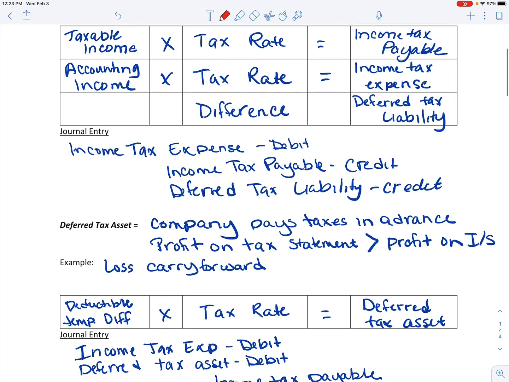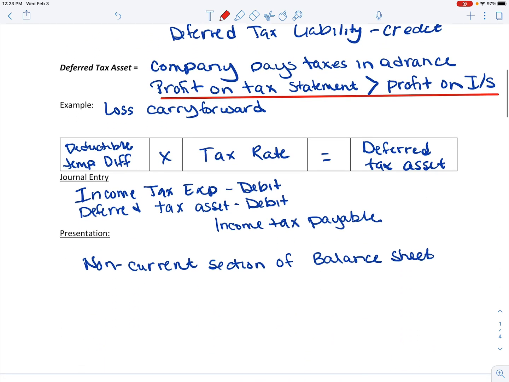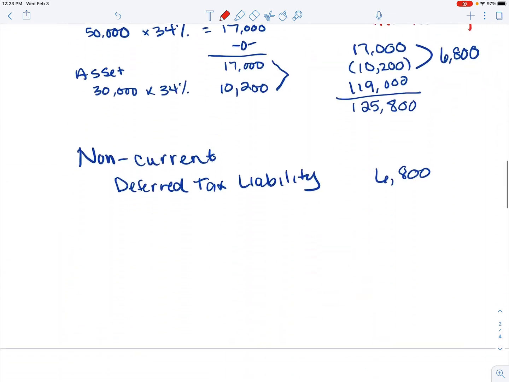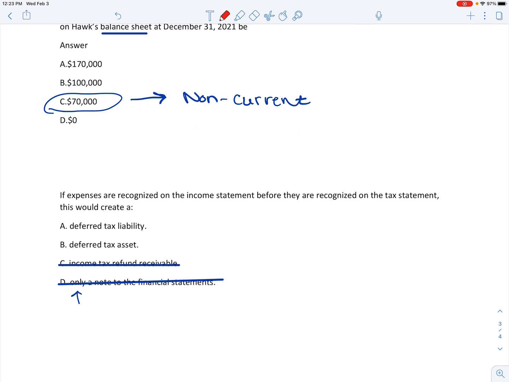If the profit on my tax statement is greater than the profit on my income statement, that's going to create a deferred tax asset. So we have to get those thoughts in our head. Maybe we memorize those two little equations to know which is which. And then we can come down to the question and apply that to see which one it fits.